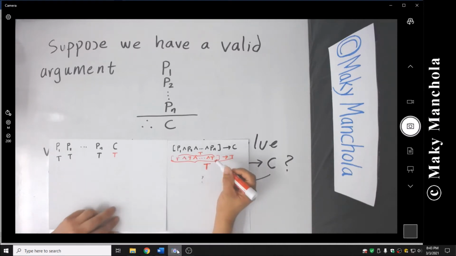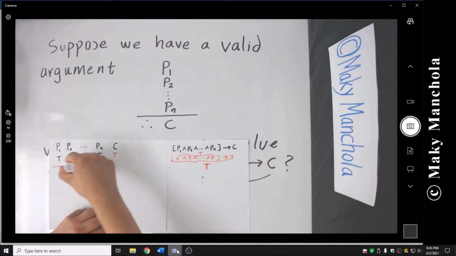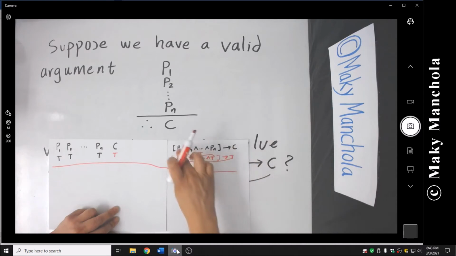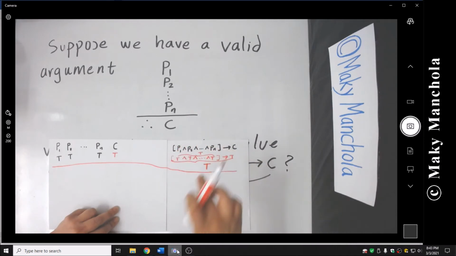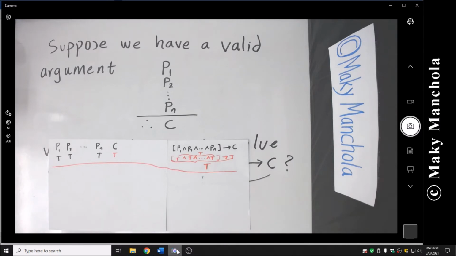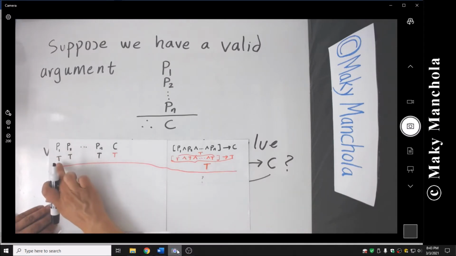Okay, so in our first line, whenever all premises are true, the conditional conjunction of premises implies conclusion is true at the end.